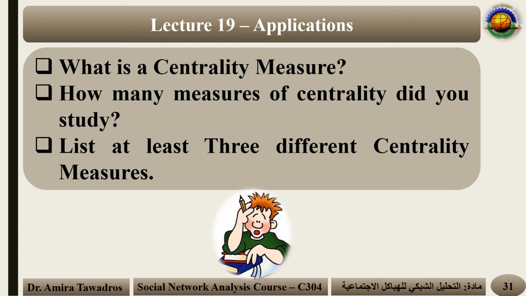How many measures of centrality do you remember? Can you list three different centrality measures and tell me which measure is most suitable to study centrality in which networks? For example, can you give me three different measures and three different applications or examples where each of these measures would be used?